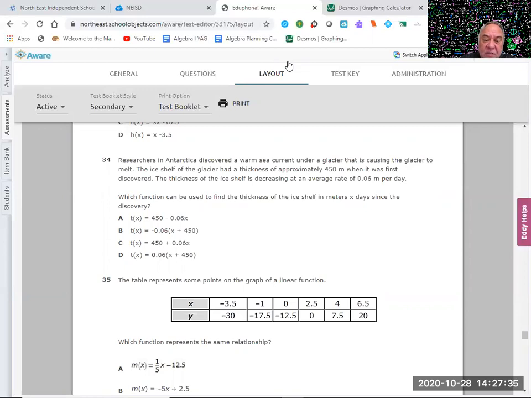The ice shelf has a thickness of approximately 450 meters when it was first discovered. That's the starting point. That's the b part. Okay, the thickness of the ice shelf is decreasing, so it's got a negative slope, at an average rate of 0.06 meters per day.